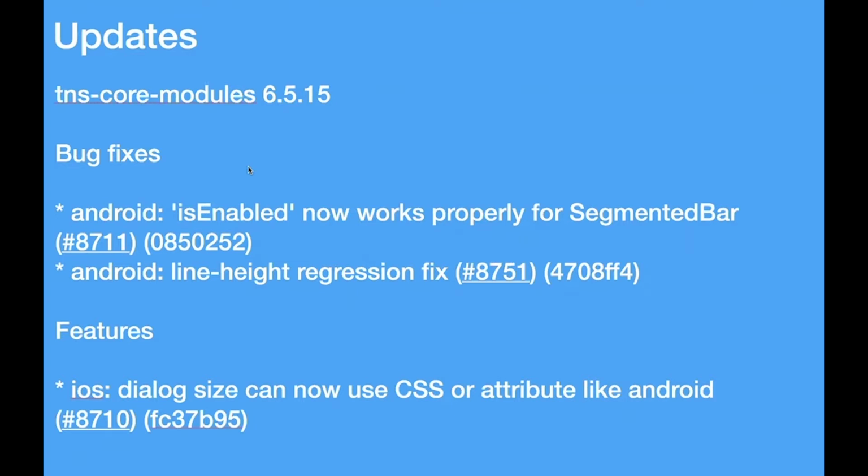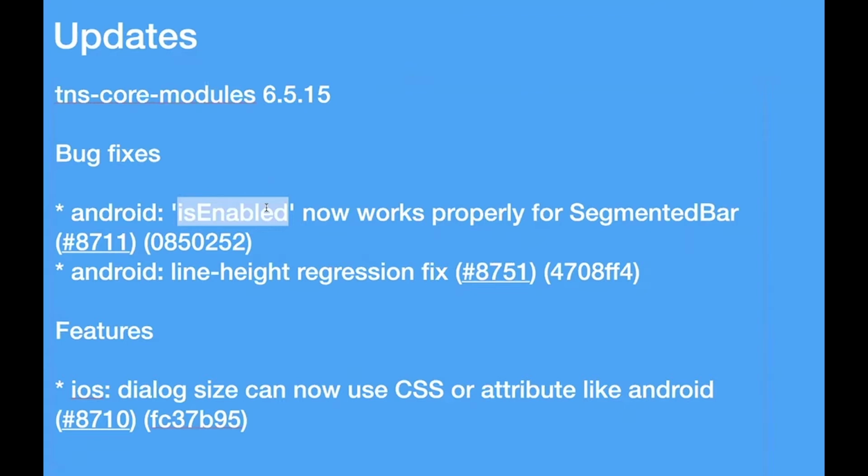We published .15 just yesterday. That fixed a line height regression issue that had been in probably for the past 2 months. So if anyone had some Android line height issues, definitely update to that latest. That's a pretty critical bug fix there.